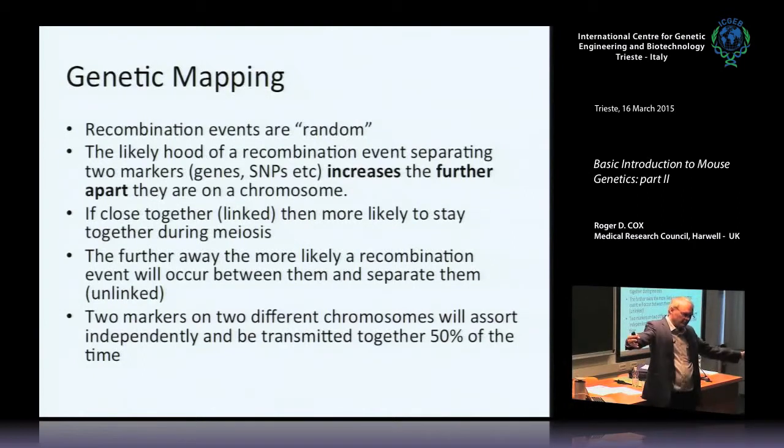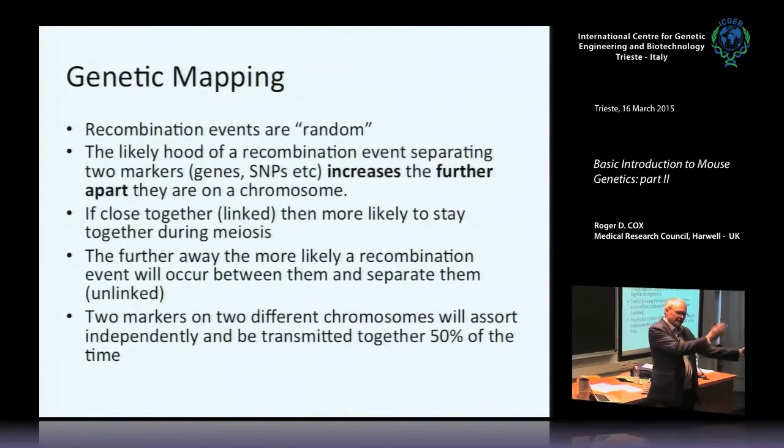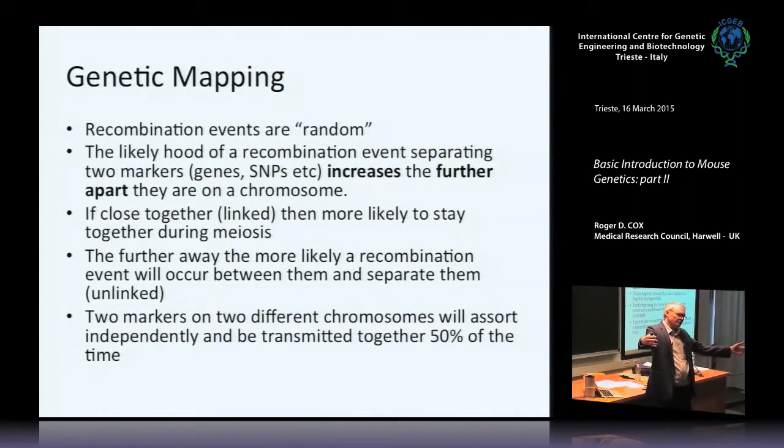So if you've got a chromosome and there's a recombination event at random, once per meiosis for that chromosome, and you've got 2 markers, if they're further apart, there's more chance of a recombination event occurring between them if it happens once per chromosome. But if they're really close together, the chance of that recombination event occurring is lower.